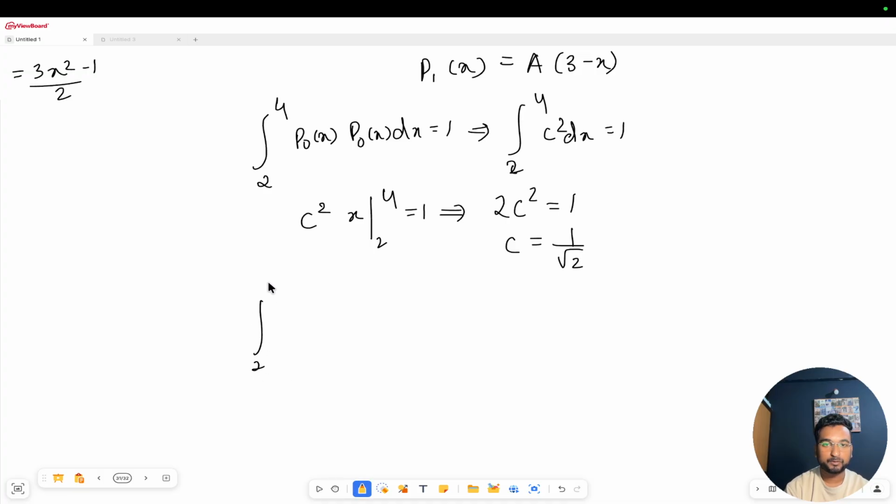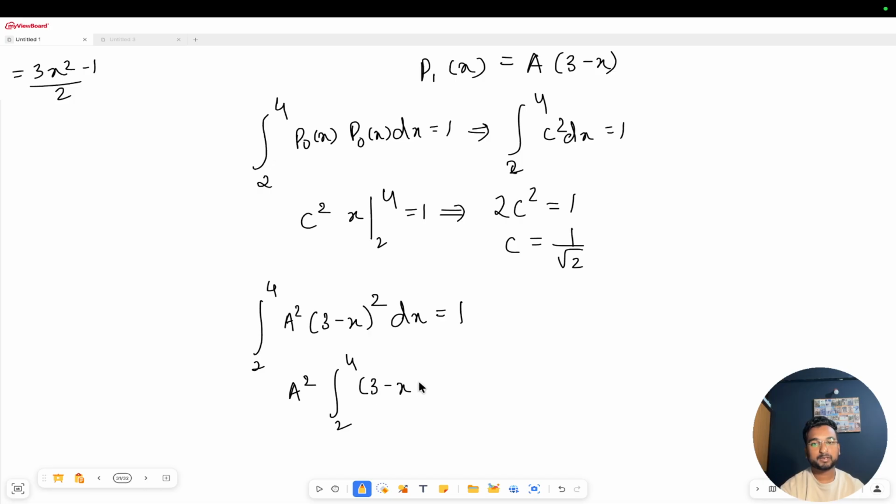So 2 to 4, a square into 3 minus x square dx equals to 1. A square is constant, it will come outside, and integration of 2 to 4, 3 minus x square dx is equal to 1.